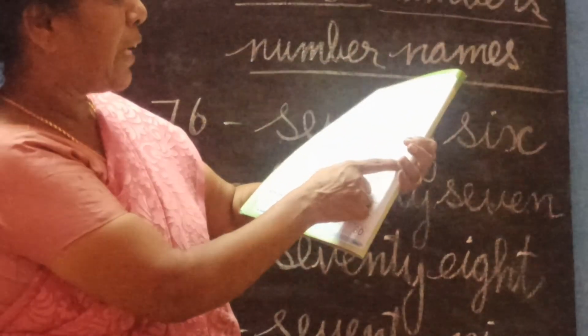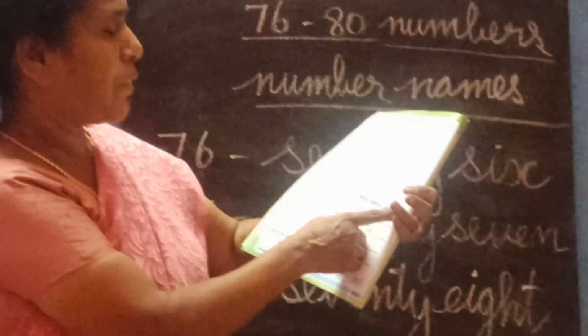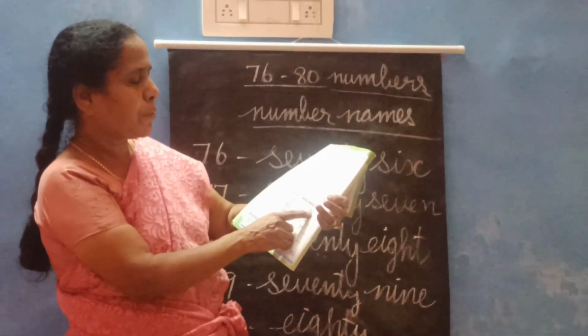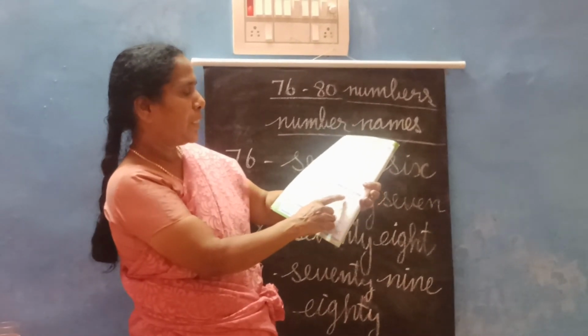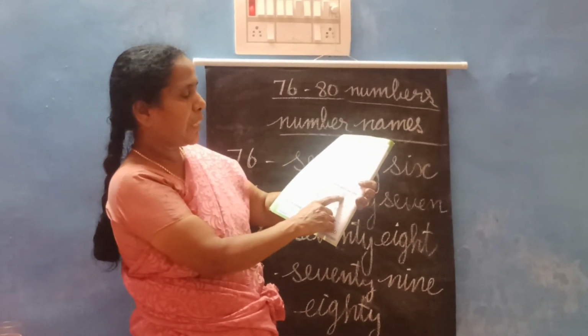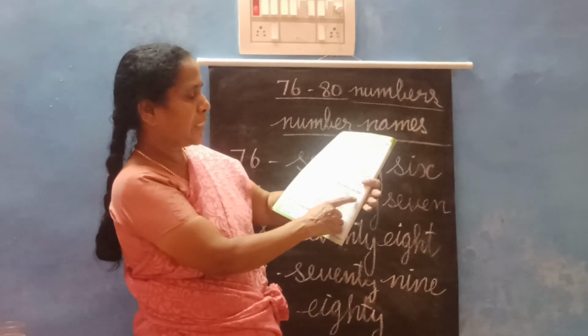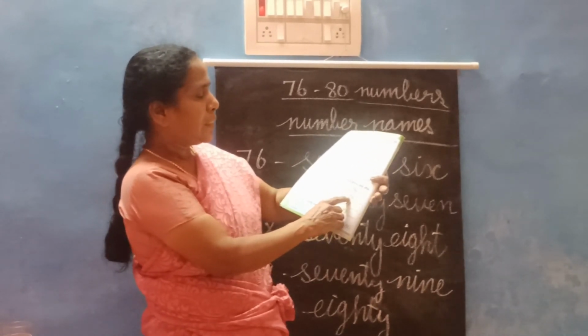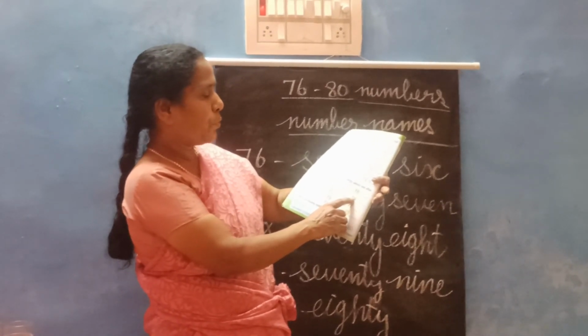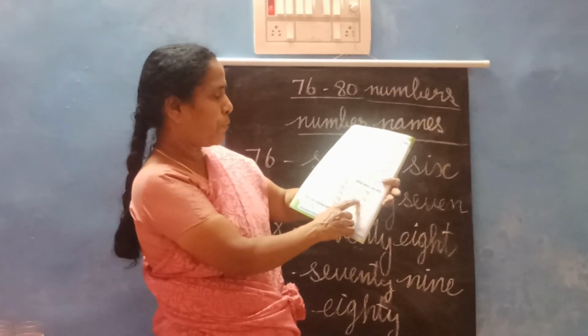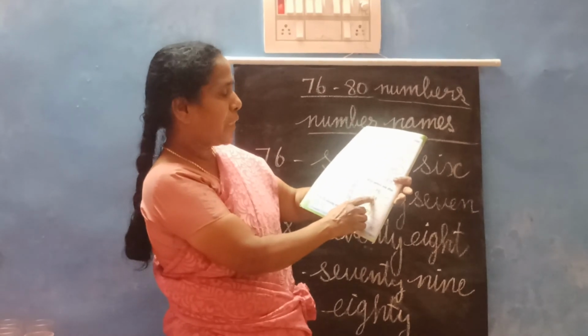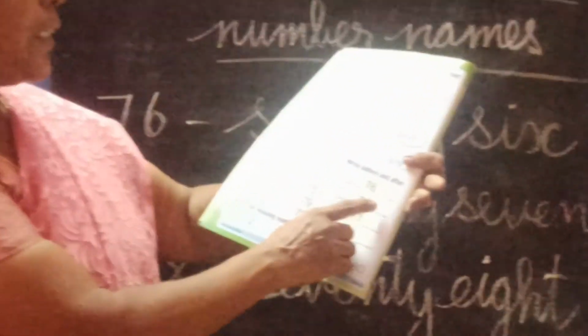Then after that, write the before and after numbers. 76: before is 75, and 75's before is 74. Then after 76 comes 77, 78. Here 74 they gave you. 74 before is 73, 73 before is 72. 74 after is 75, 75 after is 76.